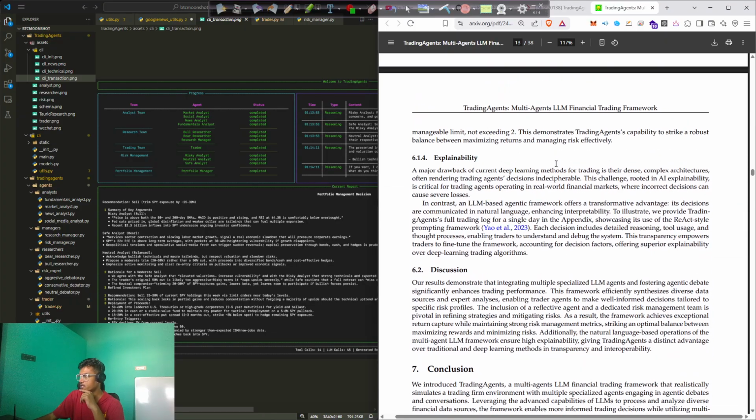So let's continue. This is very important, guys. This demonstrates trading agents' capability to strike a robust balance between maximizing returns and managing risk effectively. So it's basically this balance between risk and reward. If we are risking, suppose, $100, we should be making 200 or $300.